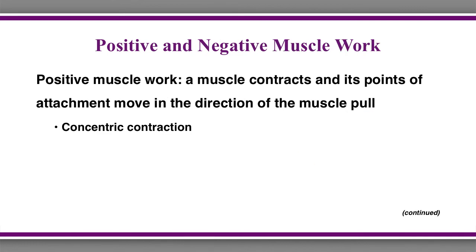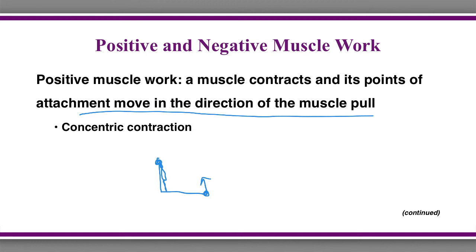Now, if you take these same concepts and apply them in an anatomical example with muscle contraction, positive muscle work is going to come when a muscle contracts and its points of attachment move in the direction of the muscle pull. So if you think about elbow flexion, this is your shoulder and this is your hand, and say you're trying to move a dumbbell upwards. Your bicep is going to be attached up here at your shoulder and then below your elbow.